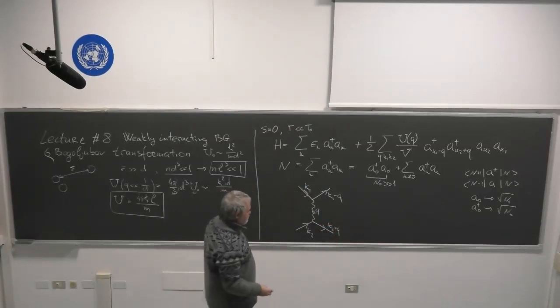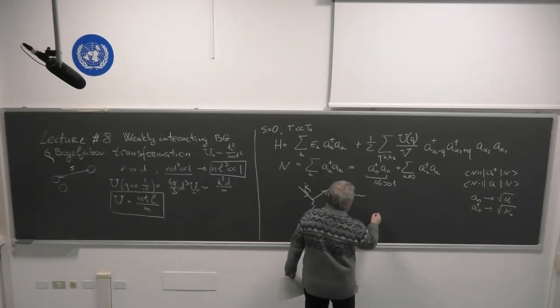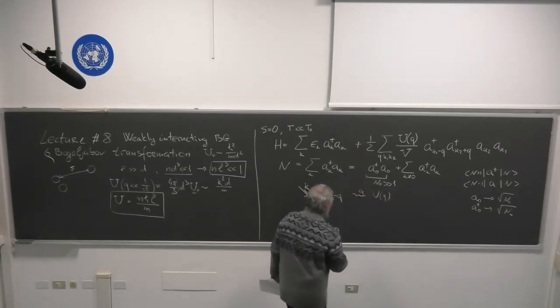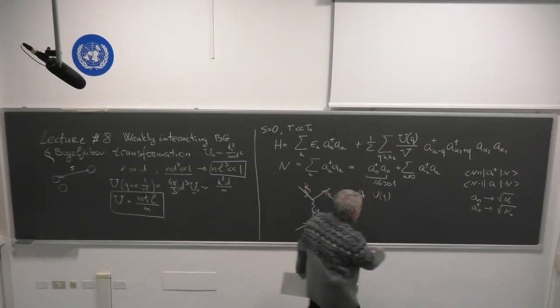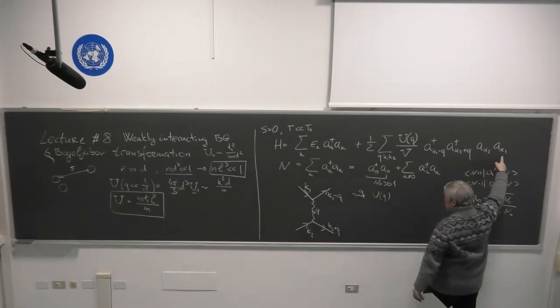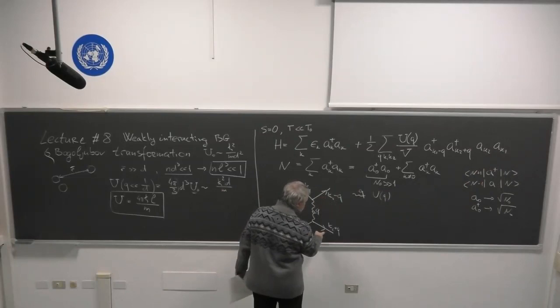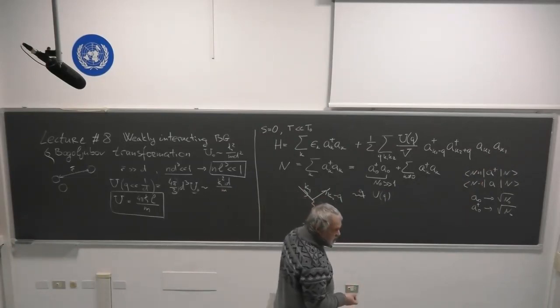So what do we see on this graph? This wavy line corresponds to the interaction U_q. And here we have two annihilation operators with momenta k2 and k1, and two creation operators k1 minus q and k2 plus q. This diagram is known as a Feynman diagram.